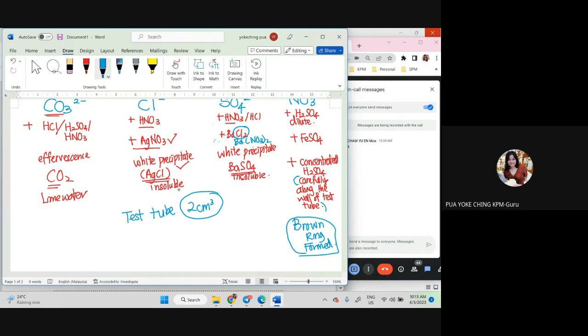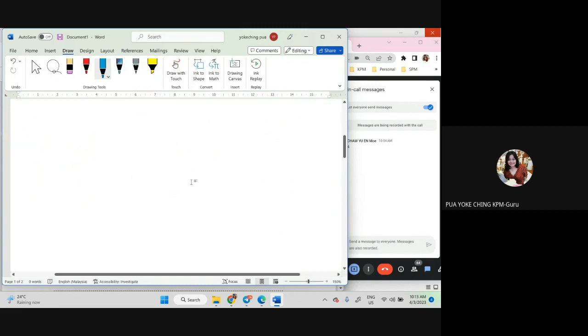Because you are using test tube. Okay. Test tube maximum hanya 10 cm cube. Jangan lebih daripada 10. Okay. So you add 2 cm cube acid. Okay. Effervescence occur. Add 2 cm cube acid. Add 2 cm cube silver nitrate. White precipitate form. Okay. So 2 cm cube only. So tak payah lebih. So anion test okay?